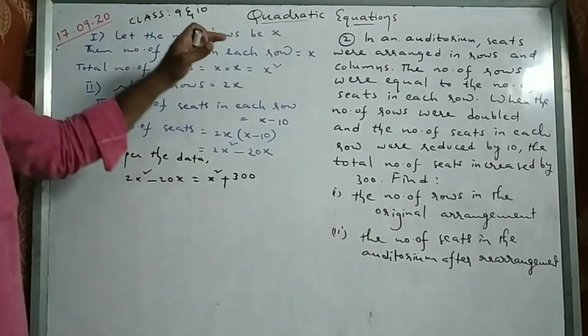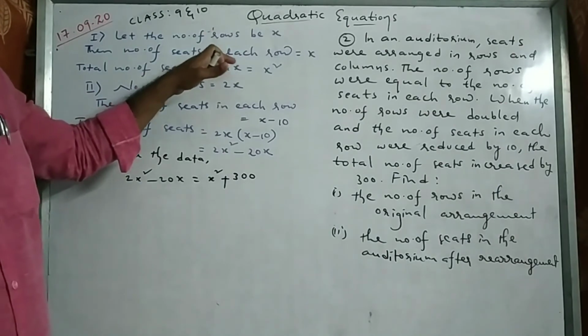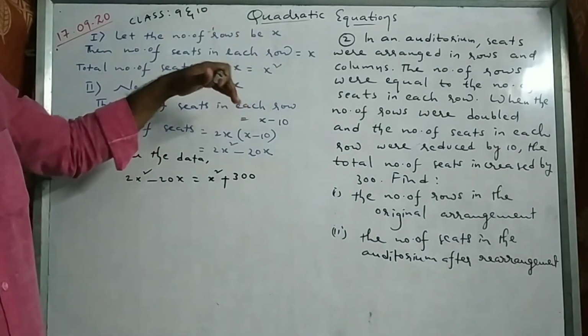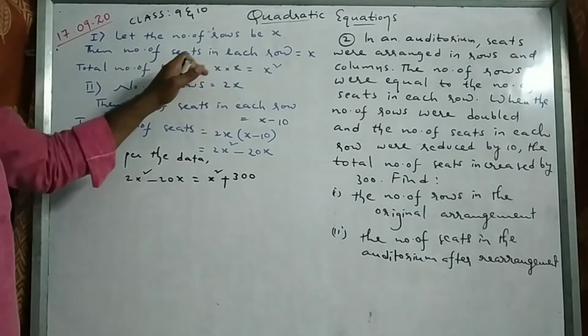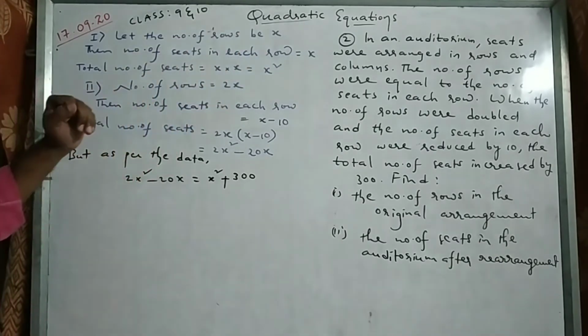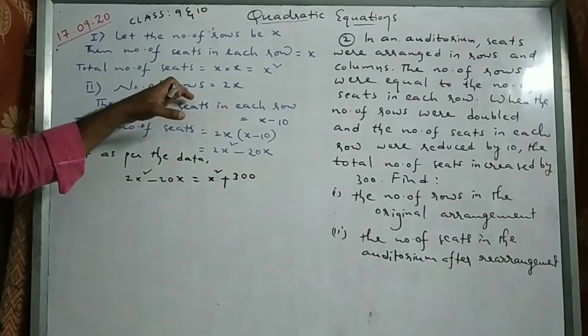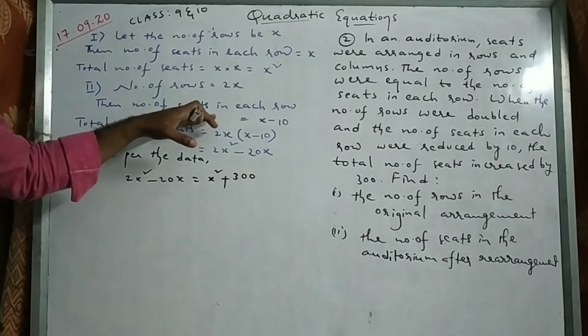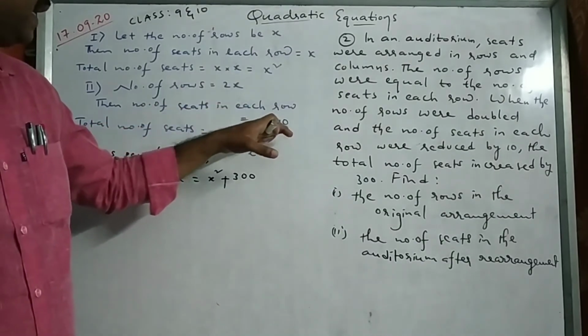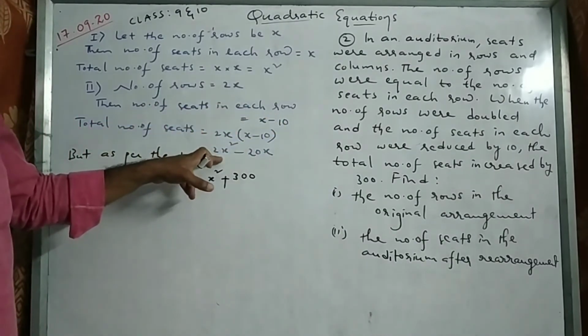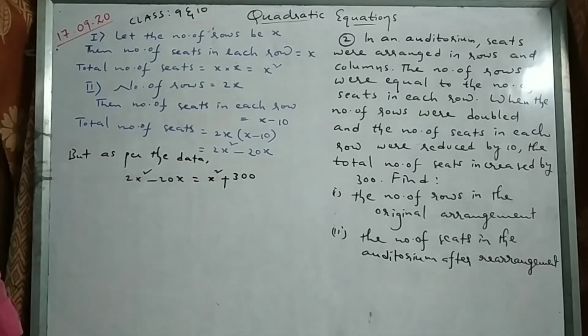First case, number of rows is equal to number of seats in each row. That means total number of seats will be x into x, x square. Second case, rows doubled, seats in each row reduced by 10. Means total number of seats I got 2x square minus 20x.